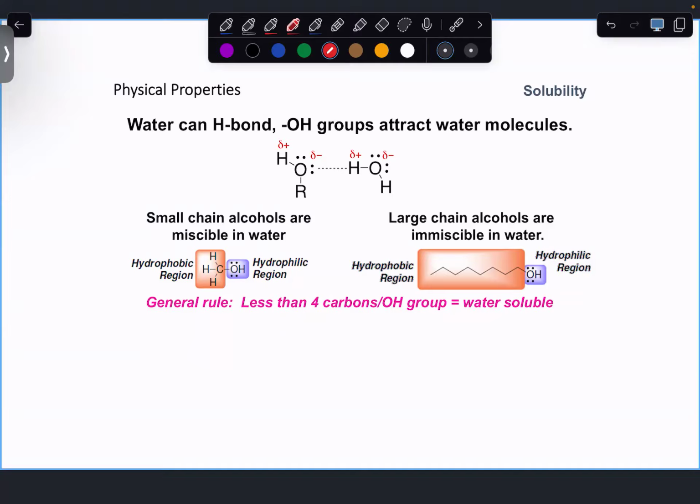So the bottom line is these alcohols will be water soluble if they're small, if that non-polar piece is relatively insignificant. Okay. And the general rule of thumb is if you have 4 carbons or less, it'll be water soluble. Once you get beyond that, the non-polar piece becomes just too big, and it cannot be solubilized in water anymore. So again, bottom line is 4 carbons or less, water soluble. More than that, insoluble.